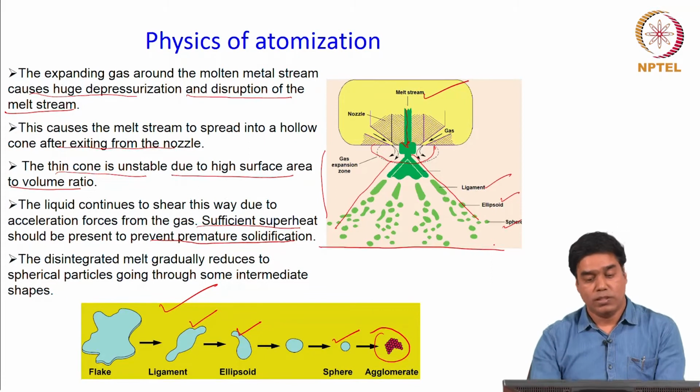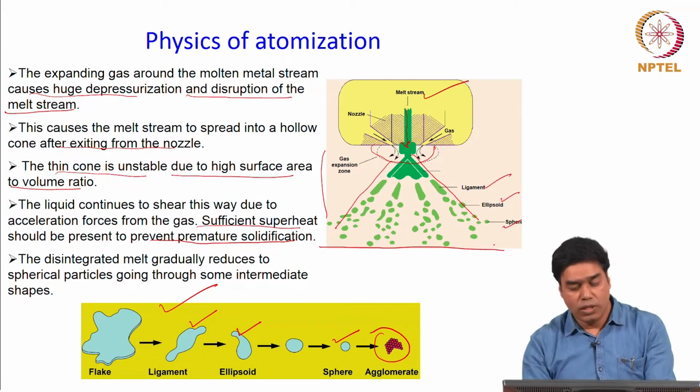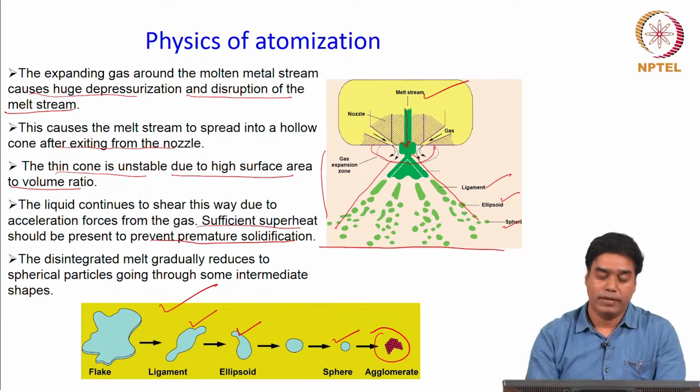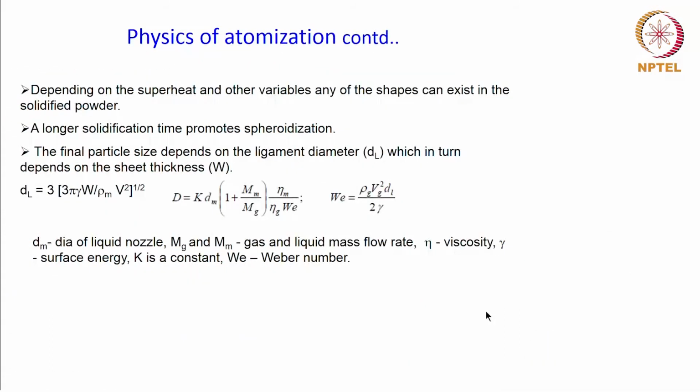Okay. So, this is how the whole process goes, going through several intermediate shapes and finally giving rise to these spherical particles which solidify as metal powders. Now, continuing on this physics of atomization, you should also see what kind of particle size can be obtained from this process, and also the kind of shapes that you may end up with.